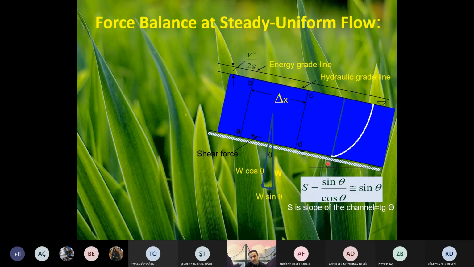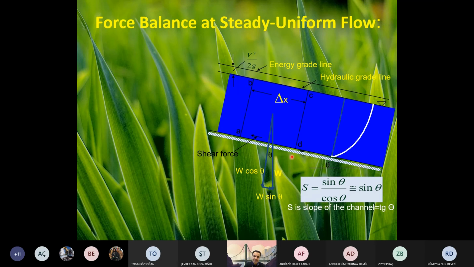You see the slope of the channel, the angle equals theta. Let's define first the slope. What is the slope of this channel? The slope of this channel equals sine theta over cosine theta, because the slope of channel equals the slope of the bed.